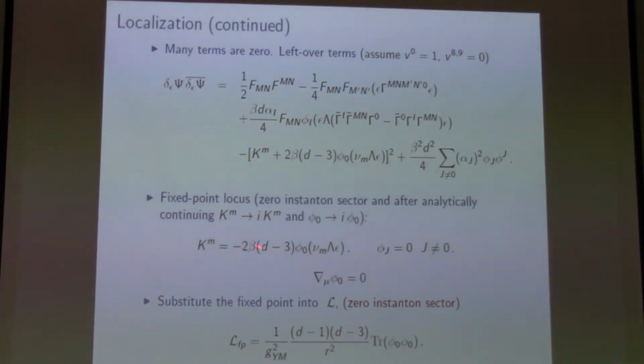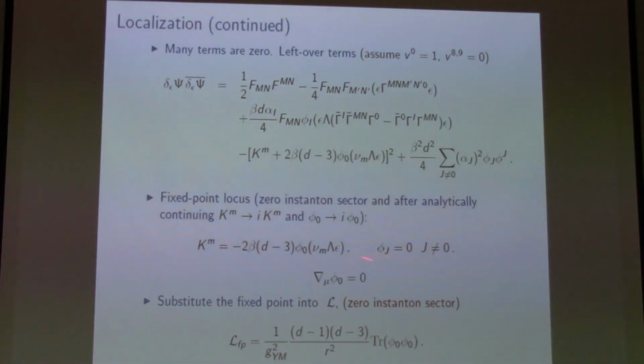But what I can do is a Wick rotation, such that I set the auxiliary fields to iK and phi naught to i phi naught. Going back to my original action, it gets changed to the right thing. And so to set this thing equal to 0, we have to set the K's equal to this. You notice that this is not actually the on-shell solution to the equations of motion.